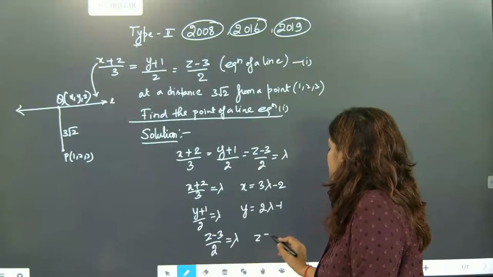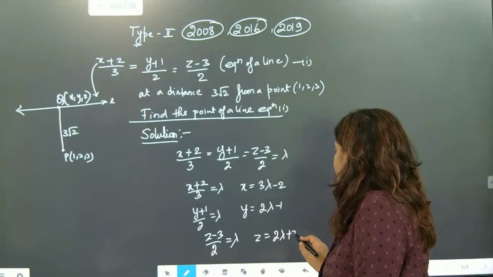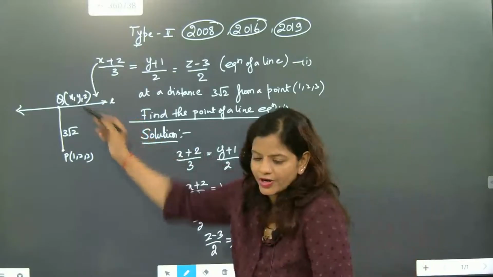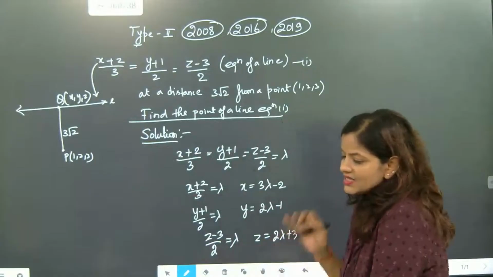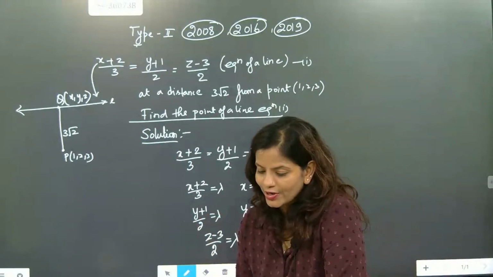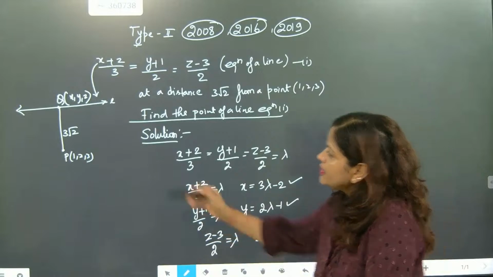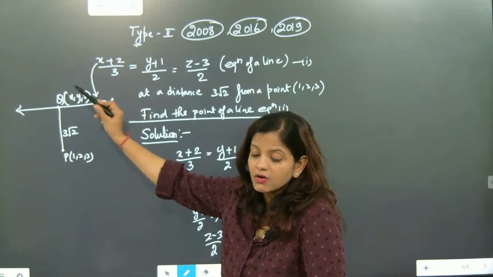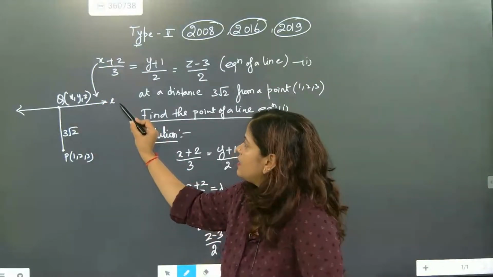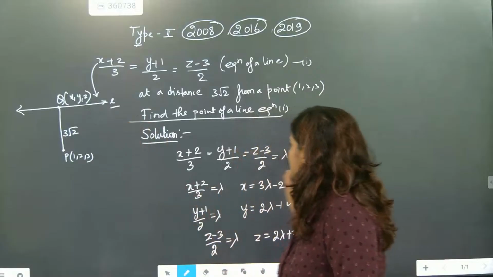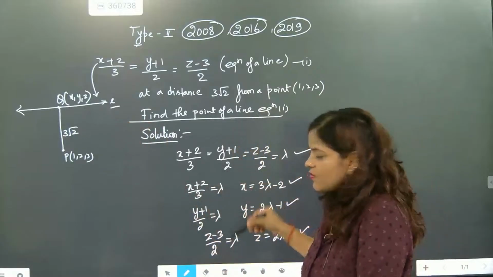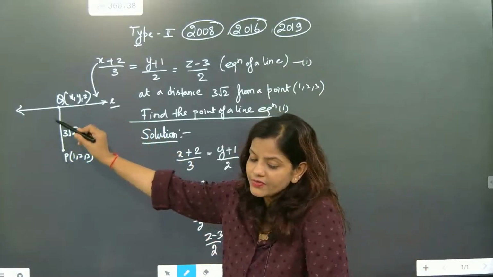Now z is equal to 2 lambda plus 3. That means we got the Q point. Understood? Our basic criteria was to get the Q point. We got the x value, y value and z value, because Q is a point on line L. The equation of line L is this one, so definitely this x, y, z is the arbitrary point and it will satisfy it.